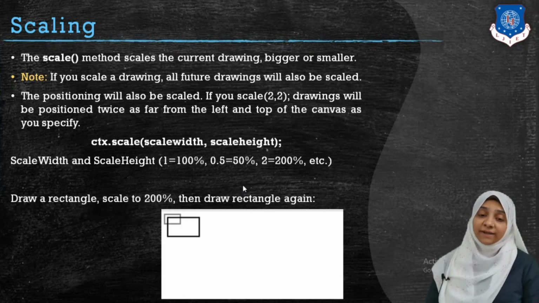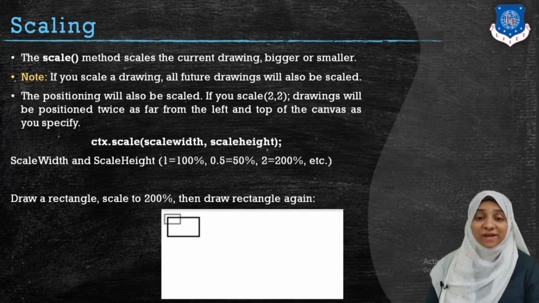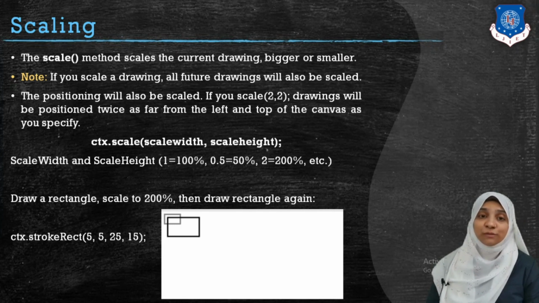So we will see an example to draw a rectangle which can be scaled to twice its size. We will make use of ctx.strokeRect 5,5 with width and height 25 and 50. Then ctx.scale 2,2.